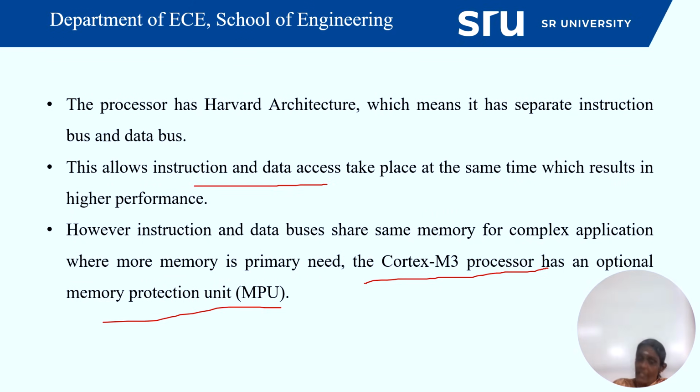Suppose a peripheral is not authenticated and it tries to connect with the architecture, then it will be identified and recognized. For that, the MPU, the memory protection unit, is used to protect the processor from interruption by unauthenticated peripherals.